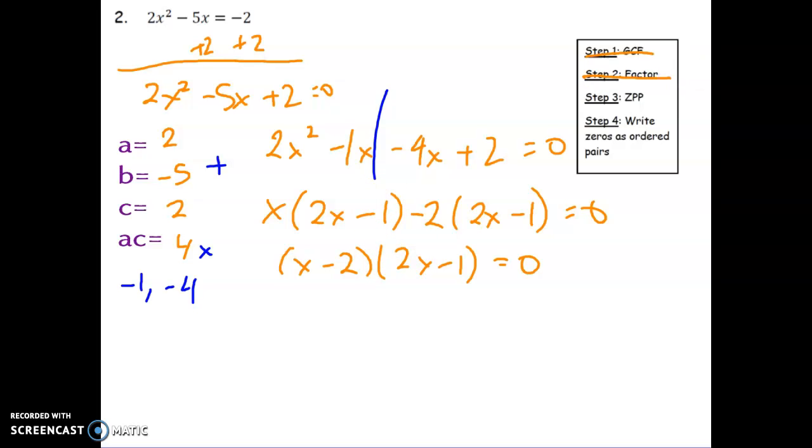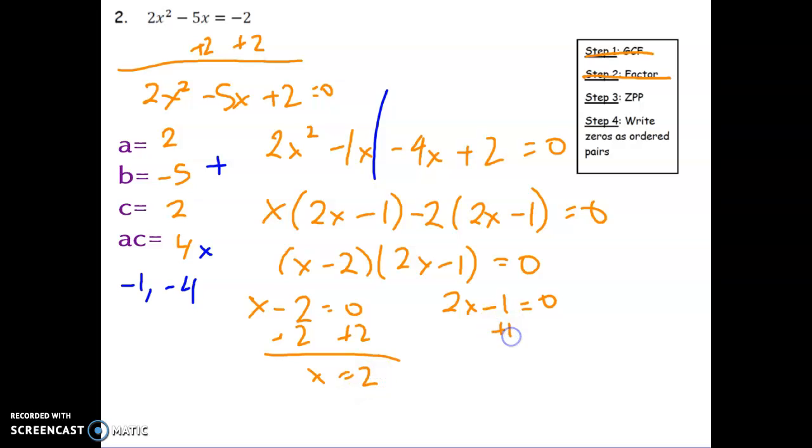I did that one. Now I'm ready for the zero product property because I have two things multiplied together to be 0. Well, that means either this first one must have equaled 0 or this second one must have equaled 0. So I'm going to add 2 to both sides on this one. X equals 2.